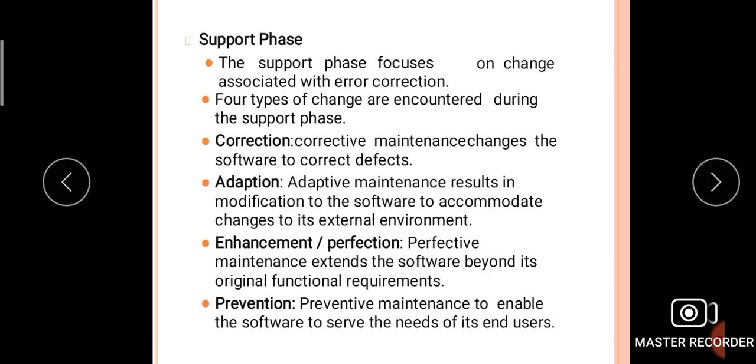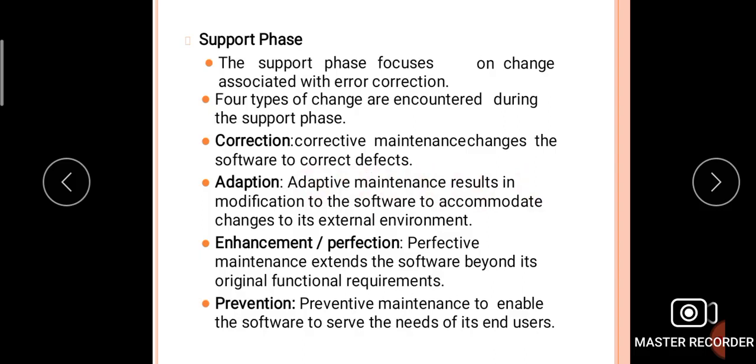Next, the support phase. The support phase focuses on change associated with error correction. So here the four types of change are encountered during the support phase. First of all, correction, adaptation, enhancement, perfection, and prevention. Correction contains corrective maintenance, which changes the software to correct defects.